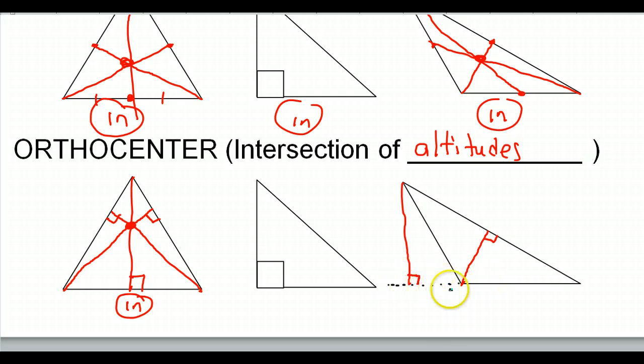Now, can you see where these lines are trying to meet? They're probably going off the paper actually, so that's going to be a little bit tough. Okay, because if I extended these lines further, can you see that they will eventually meet off paper down here at the bottom somewhere?